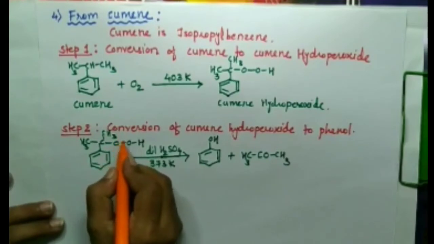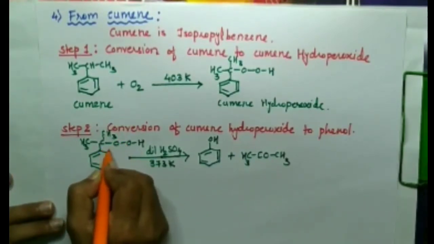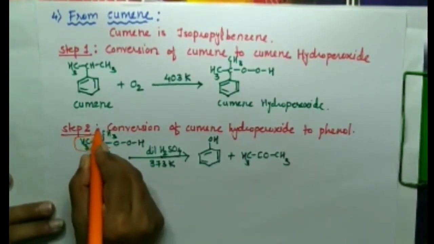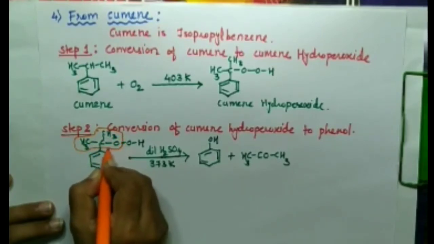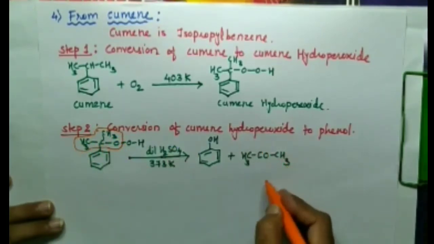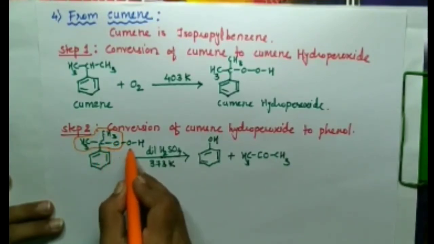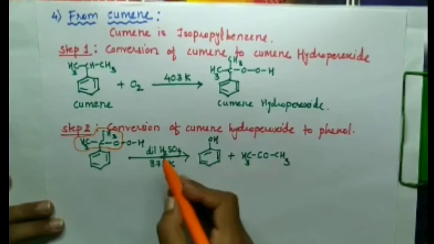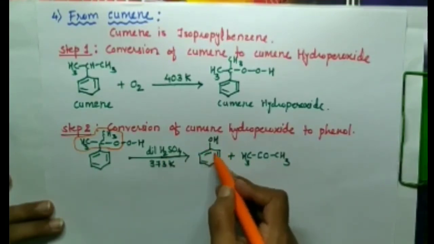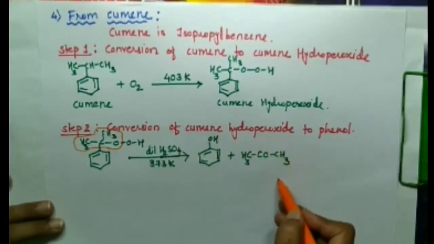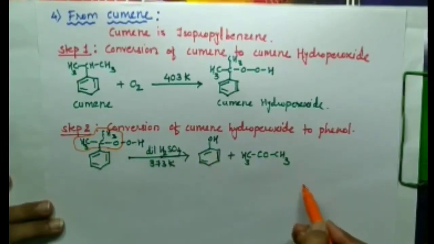So here this bond will come here and this will attack this oxygen and we will get OH directly substituted to benzene, and this acetone we will get as a side product or byproduct.